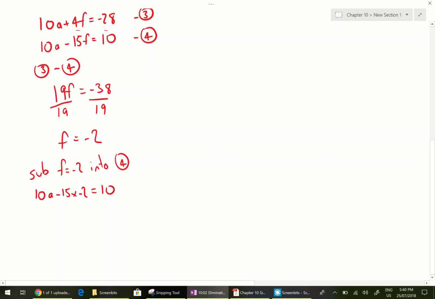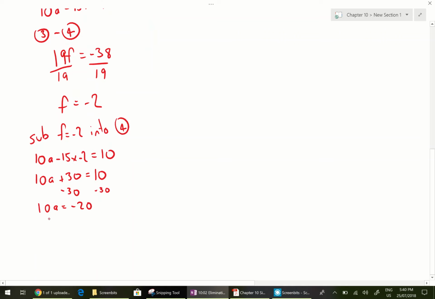So the negative 15, the negative 2. 10a, simplify this middle part. Negative 15 times negative 2, that's positive 30, equals 10. Now to get the a on its own, I'm going to take this positive 30, I'm going to subtract 30, and I'm going to get 10a equals negative 20.